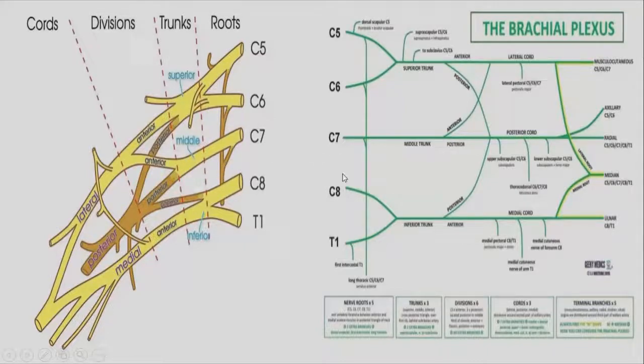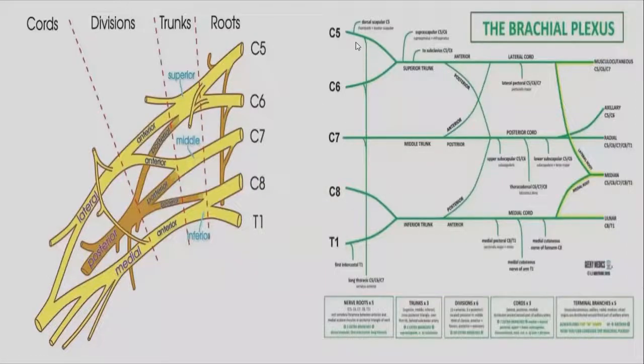This nerve is known as the long thoracic nerve. The long thoracic nerve is made up of C5, C6, and C7, and it innervates the serratus anterior muscle.